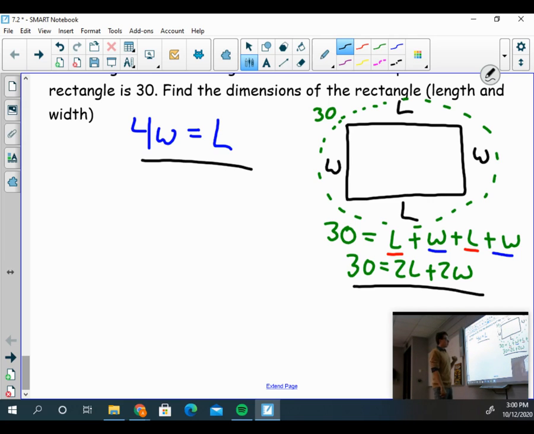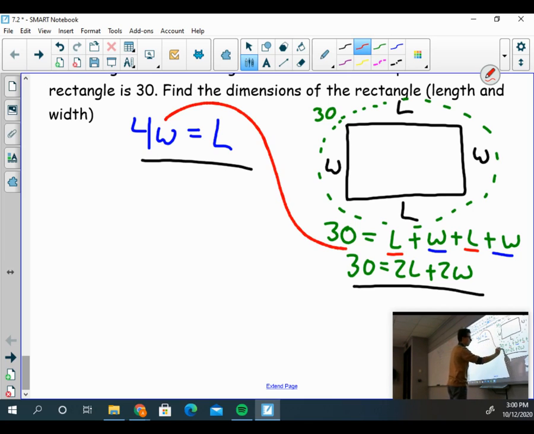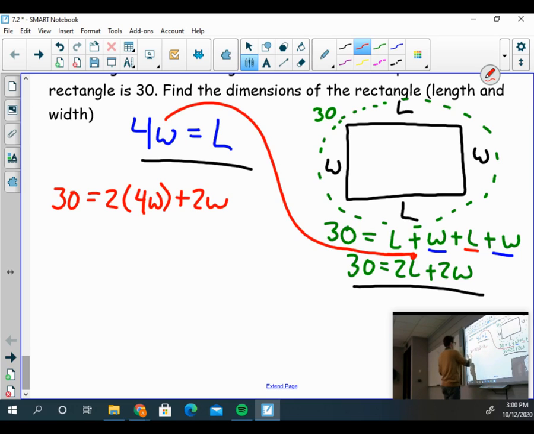The L is already by itself in the blue equation. So let's go ahead and plug that in for L. When I do that, I get 30 equals 2, plug in 4W for L, plus 2W.